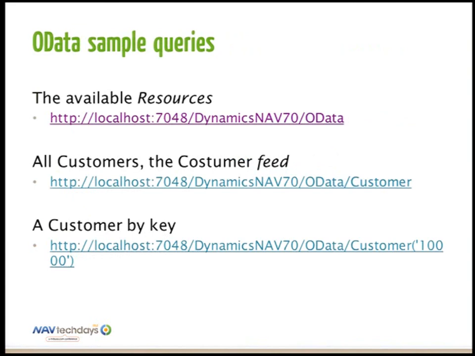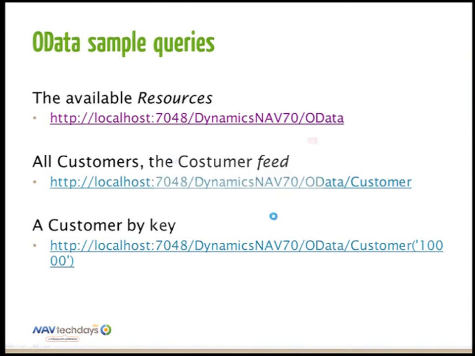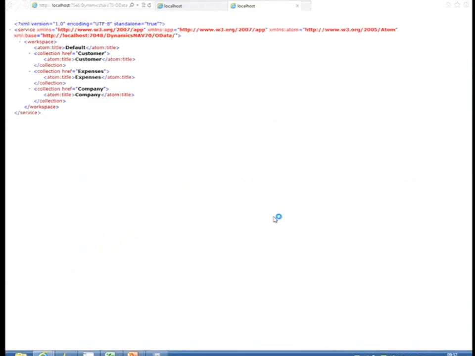So I have some sample OData queries here. I'll just quickly show you how it looks if you do the execution by hand. So it asks you if you want to trust this. Yes, I do trust myself.